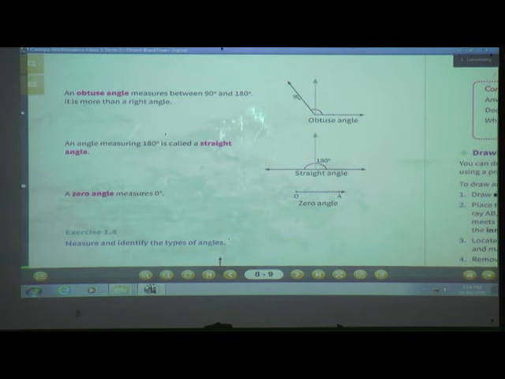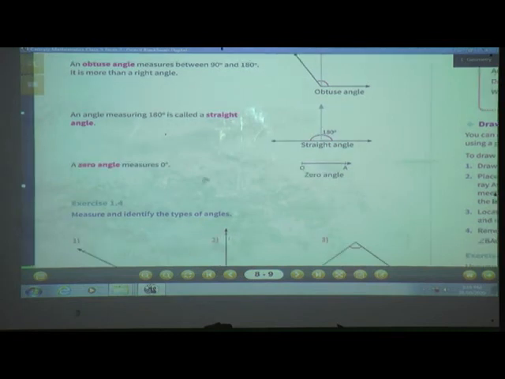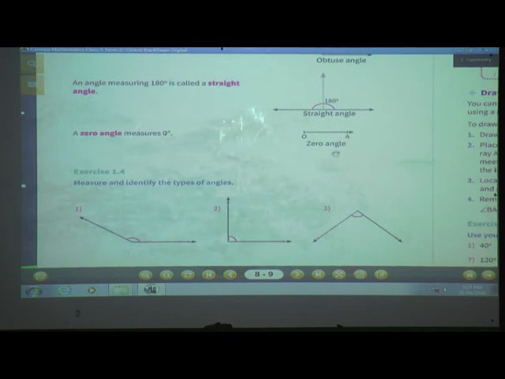It measures between 90 degree and 180 degree. It is more than a right angle. And next one, straight angle. Straight angle measures 180 degree, and this one is a zero angle. A zero angle measures 0 degree.